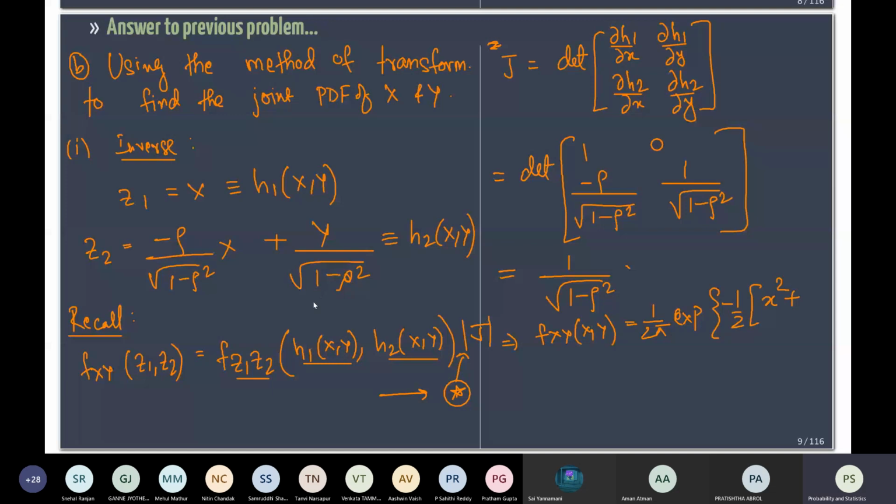So we have to put h1 there: h1 squared is x squared, and now we have to put h2 squared.